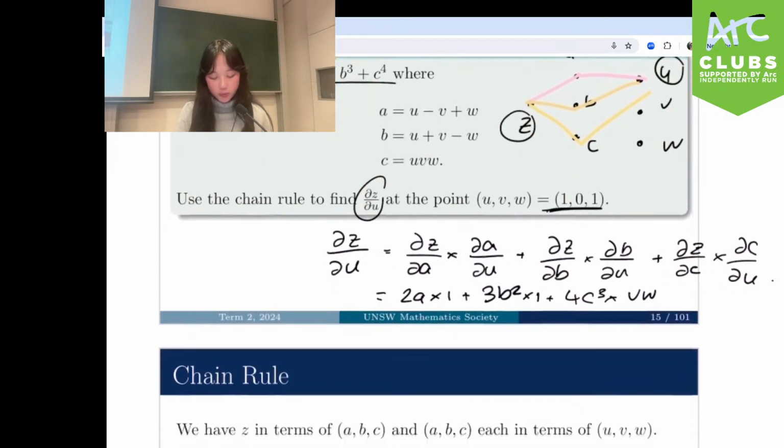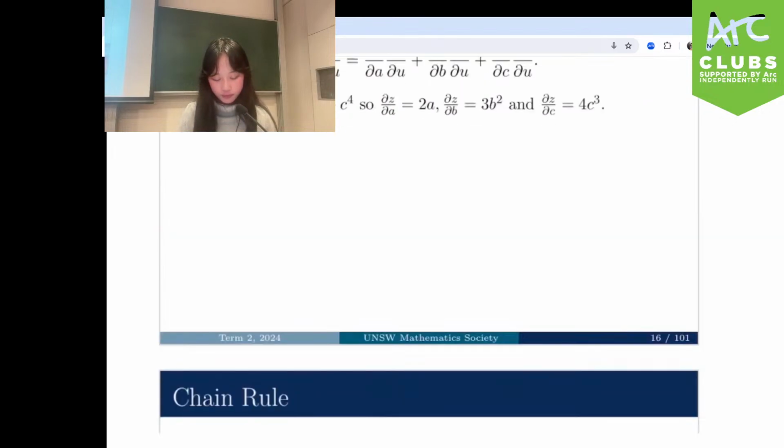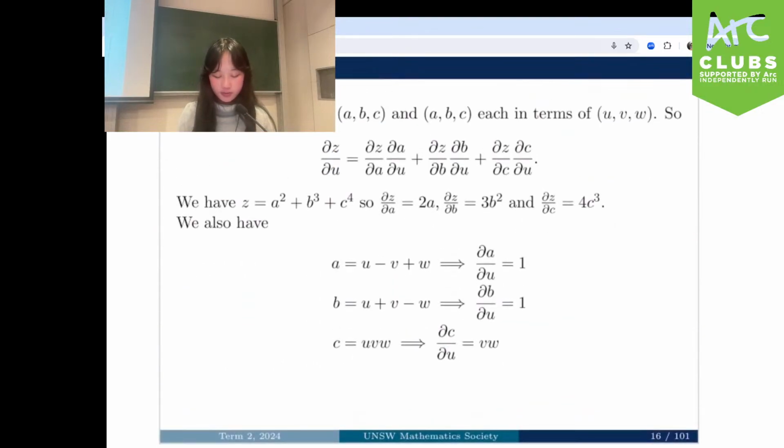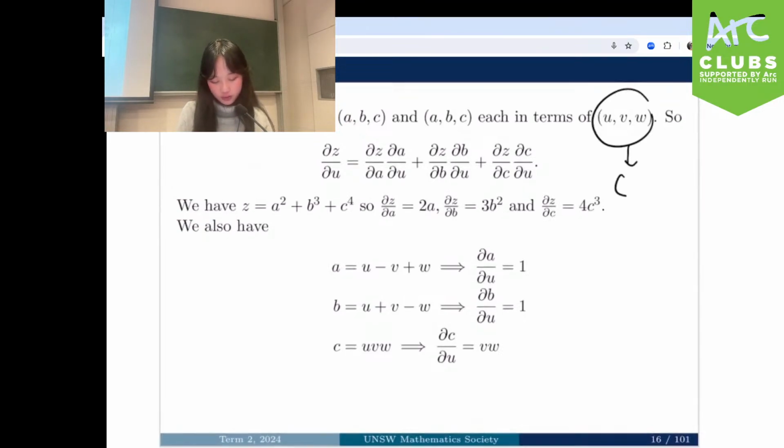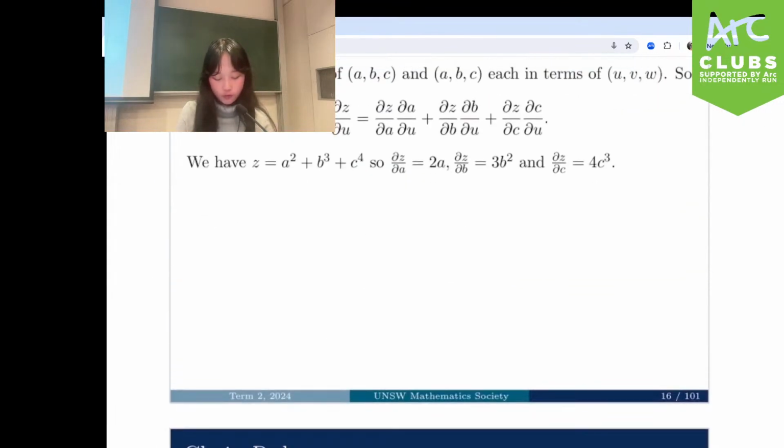Okay? So we've got all these things. What can we do with them? We obviously just add them up, essentially. But if we want to find the numerical values of each of these, we want to go through, because we've been given u, v, and w as 1, 0, 1. So our u, v, w is 1, 0, 1.